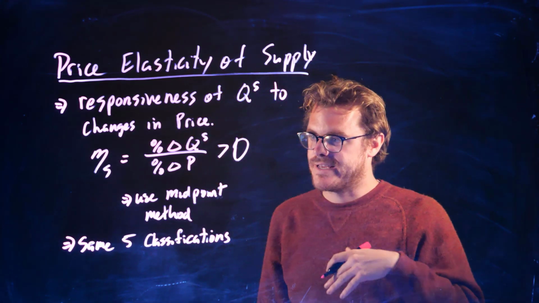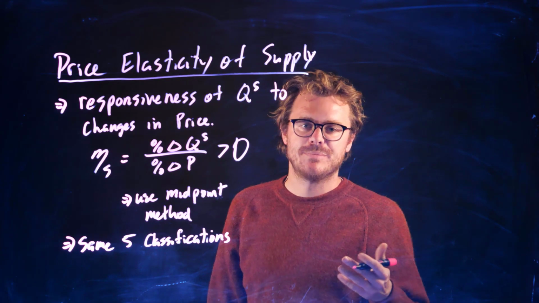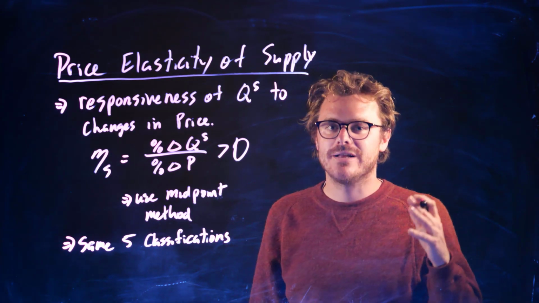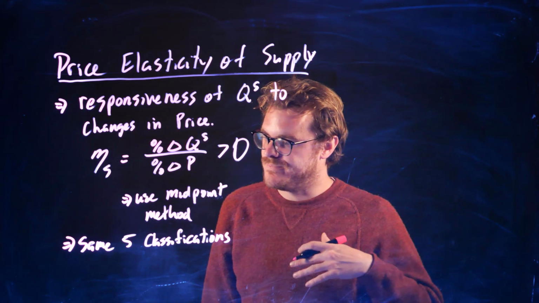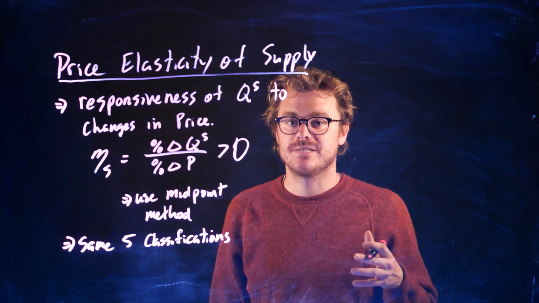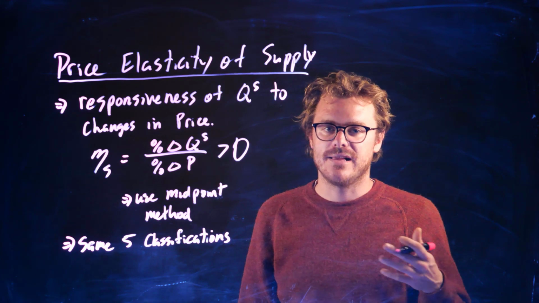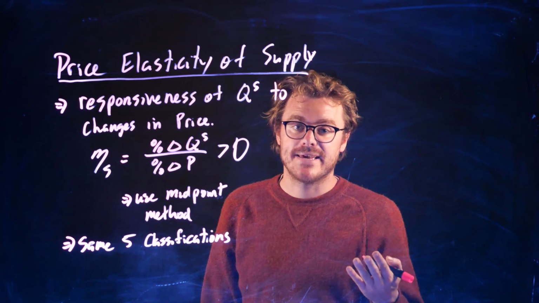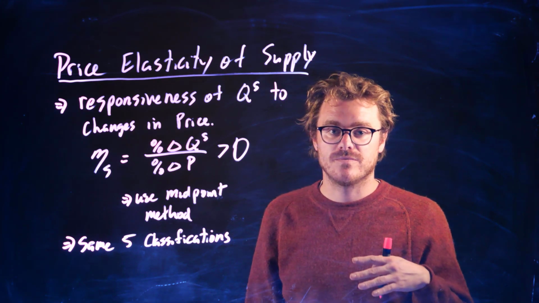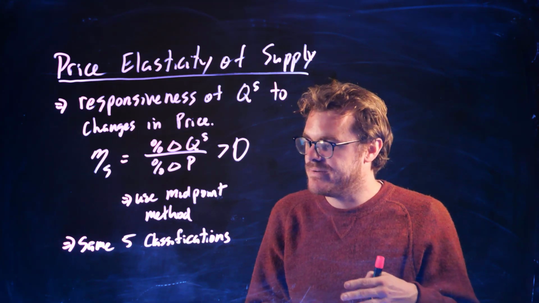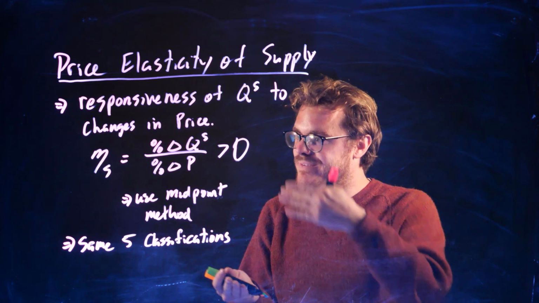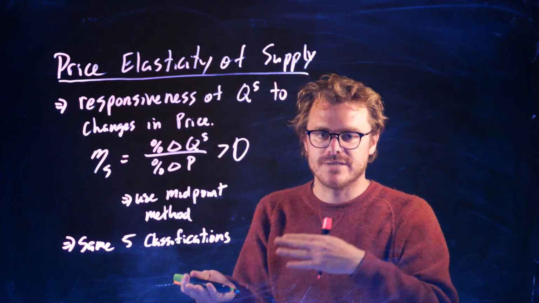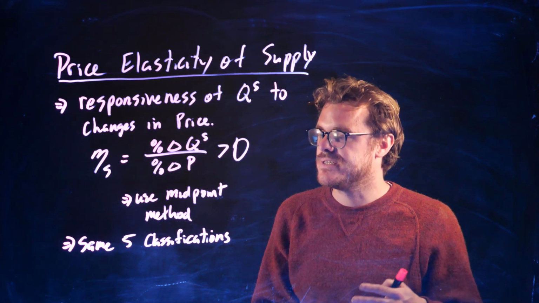We can have a perfectly elastic supply curve, an elastic supply curve, a unit elastic supply curve, an inelastic supply curve, or a perfectly inelastic supply curve. It's the same classifications as we had for the demand curve, so I don't think we need to go over them again, but it's the same way of calculating it, the same way of classifying it into these different 5 classifications.